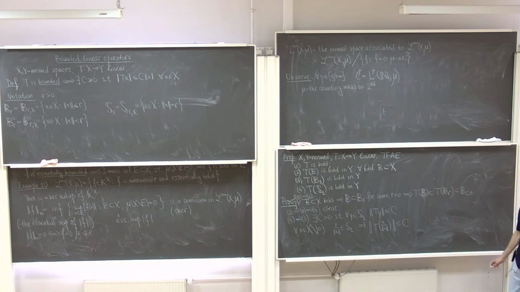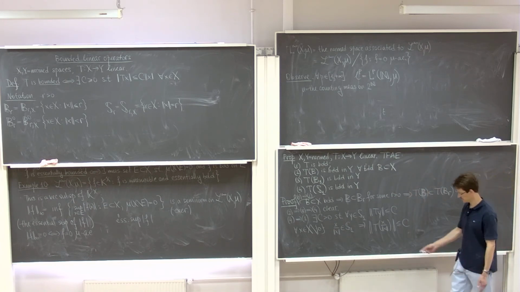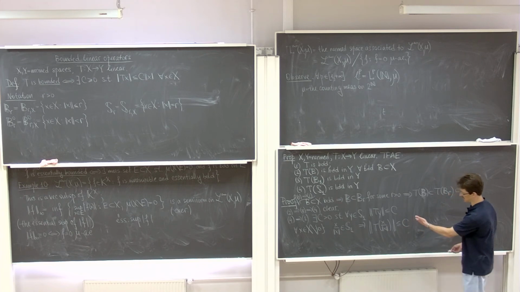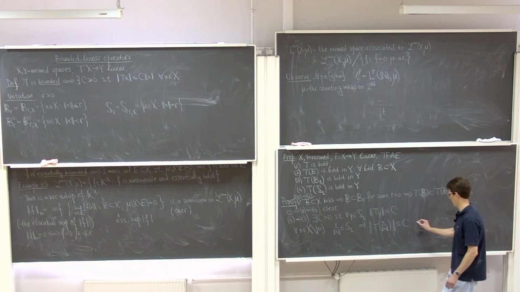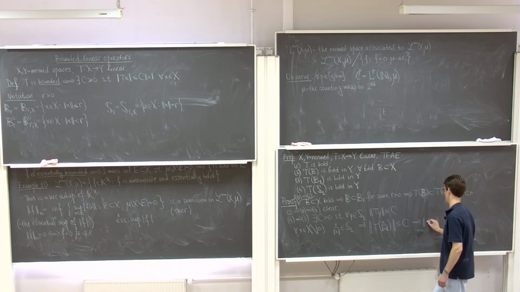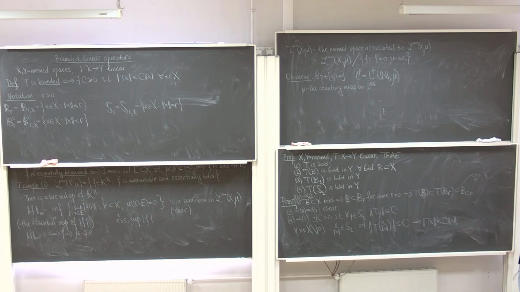And finally, by the linearity of T and by the properties of the norm, we can multiply this by the norm of x, and we get exactly what we need. So this inequality holds for each non-zero vector in our space, but of course it holds for the zero vector as well. And so we conclude that T is bounded.